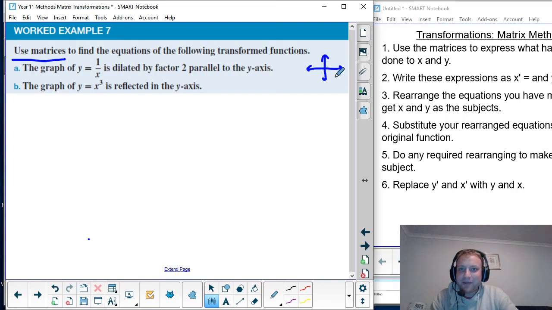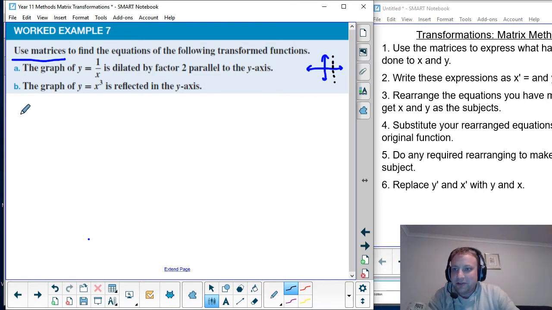So any line that is parallel to the y-axis is a line kind of drawn up and down here. So what that is telling us is that we're doing a dilation that goes up and down. Okay, so when we're working up and down with a transformation with matrices, we're doing something to the letter y. Okay, so that's kind of our starting point with our thinking. Okay, we're going to put a number somewhere on the bottom row, so that number transforms the letter y.